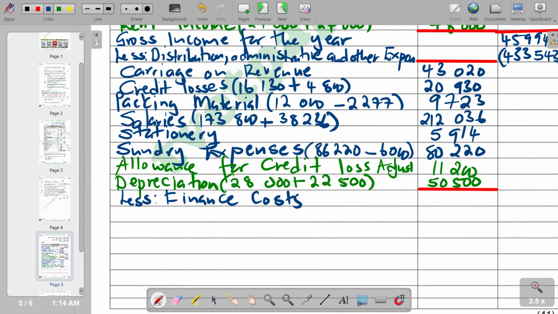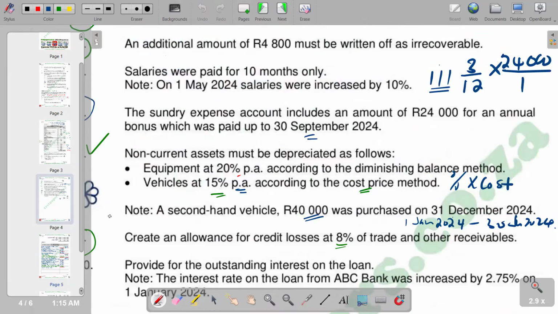So for our finance costs, we are supposed to look for interest. So we go check in terms of our interest. Additional information, what does it say?